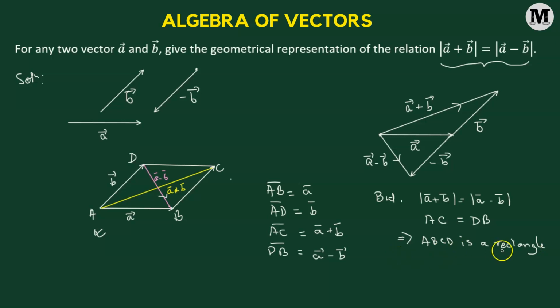And if ABCD is a rectangle, that means the sides are perpendicular to each other, or in other words, we can say that A vector must be perpendicular to the vector B. So this is what we can say about the vectors A and B. If this particular relation holds true, that means the magnitude of the sum of the two vectors equals the magnitude of the difference of the two vectors.